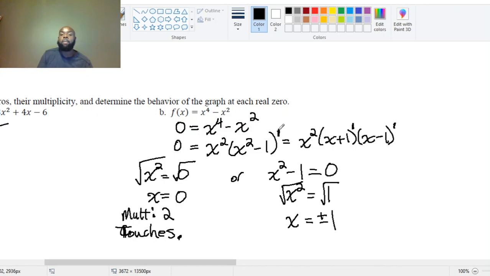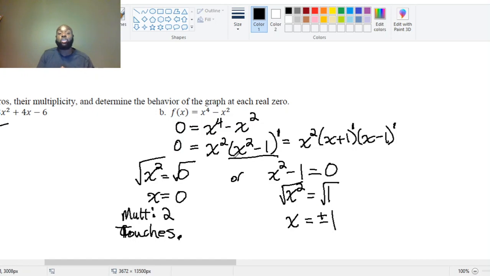Now, there may be times where your multiplicity may be bigger than this number, right? If you didn't factor completely, right? But since I have a square here, I know that this factor has a power of 2, so I should get 2 solutions. Had I only gotten 1 number out of this, then it would have been a multiplicity of 2.